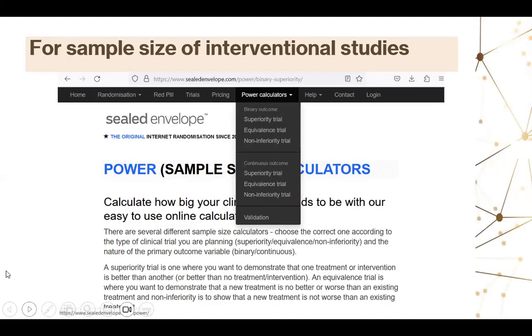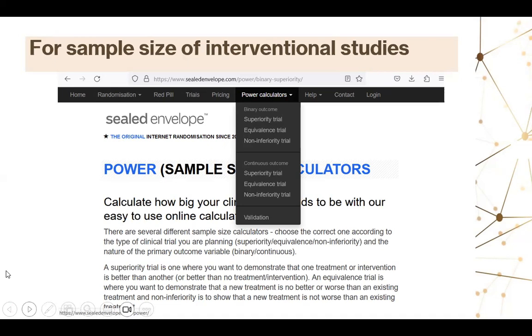I will not dwell on the sample size for interventional studies because as students and for this semester, we're not allowed to do interventional studies. We're only doing observational. But for those of you who might be interested to learn more, you can visit this website, www.sealedenvelope.com.